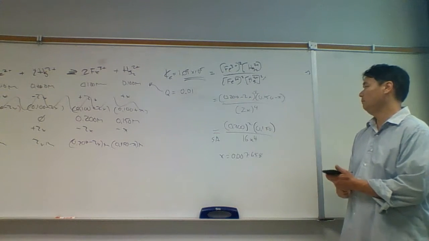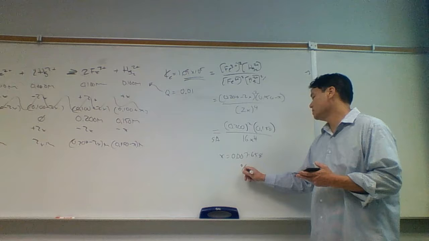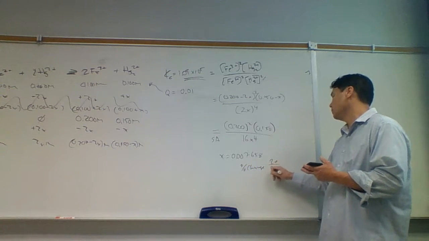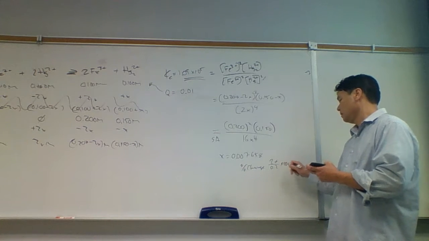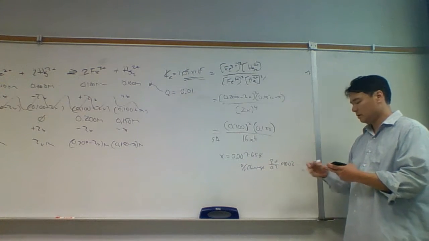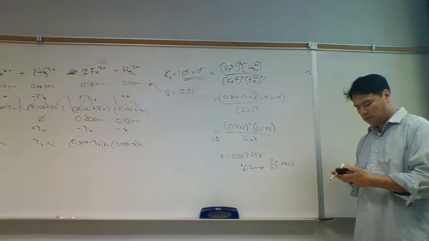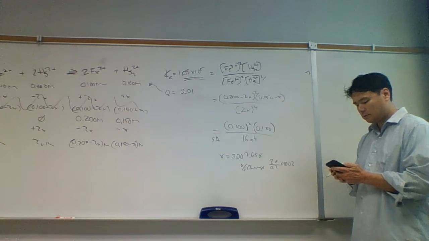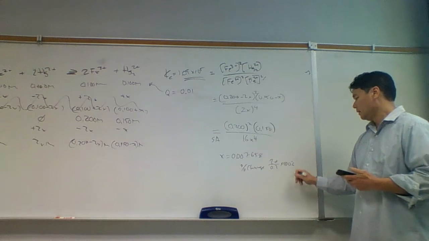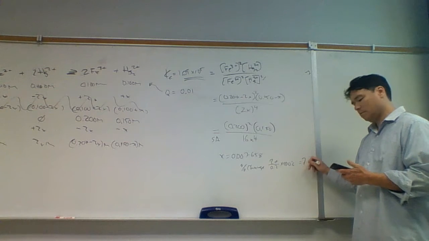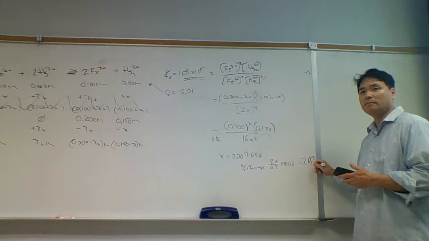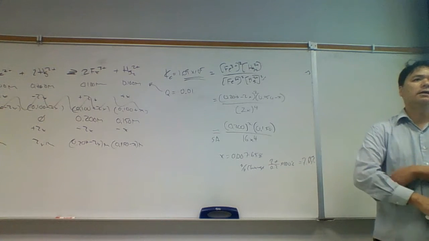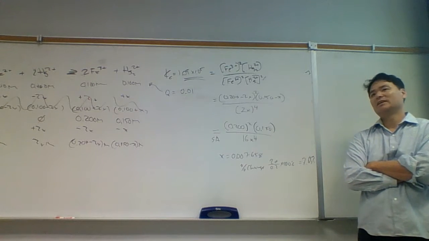And so that means the percent change is going to be 2x over 0.2 times 100 percent. And so I'll just take this times 2 divided by 0.2 times 100. And the percent change comes out to 7.65%. Okay, let me tell you what the next mistake was. So the next common mistake on this problem was this.